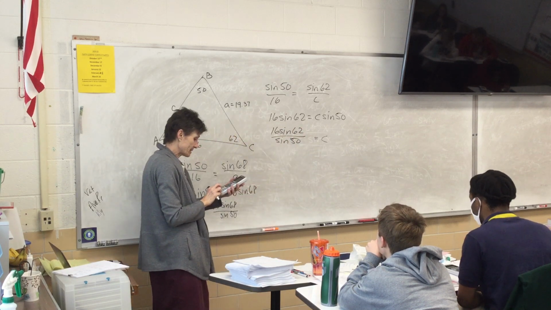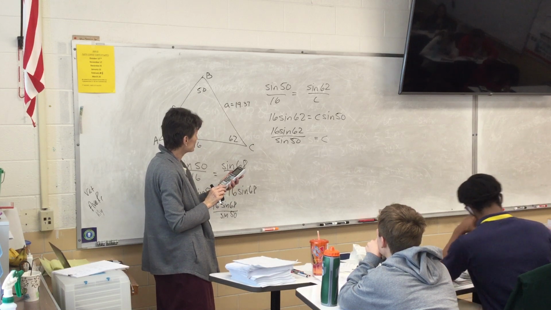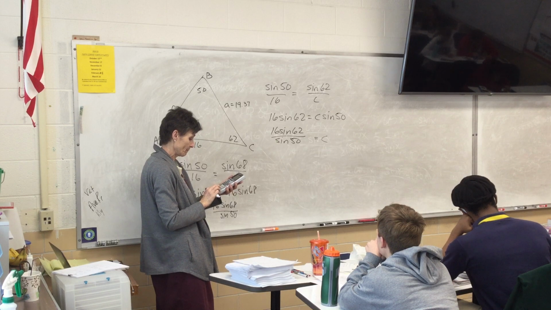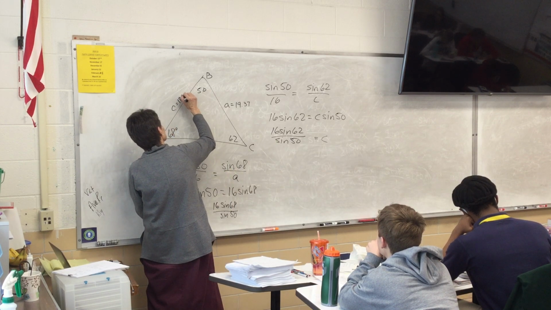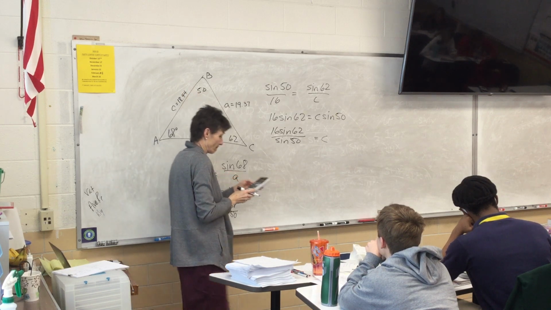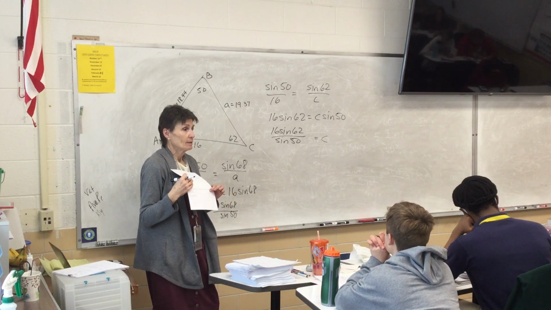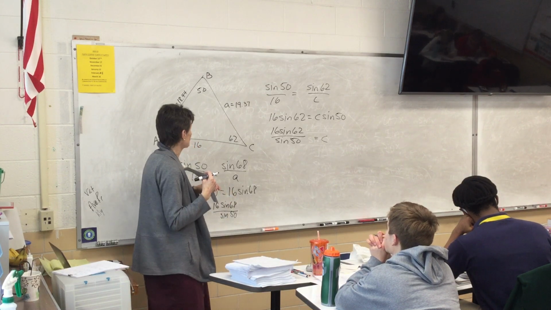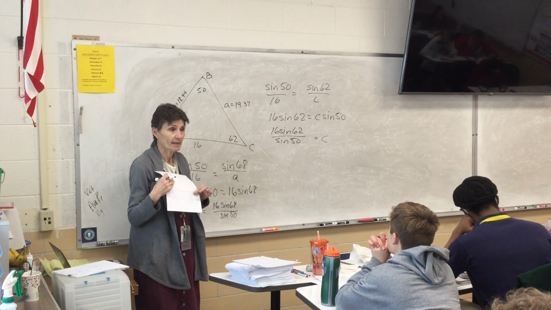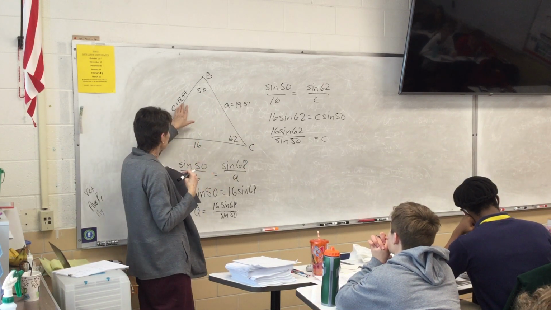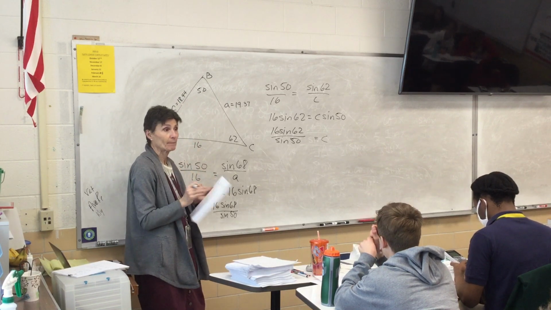So this time it's 16 sine 62, close the parentheses, divided by sine 50. I got 18.44 for that one. So in the blanks over here to the side, be real careful and make sure that you're putting 19.37 in for little a, 18.44 in for little c, and 68 in for capital A.